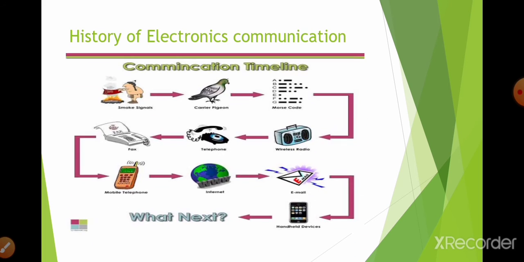And let us see the history. See, this figure shows the history of communication system, that is, the communication timeline. Initially, smoke signals were used for communication purposes. Then the carrier pigeon, you know that pigeons were used in the past for communication purposes.